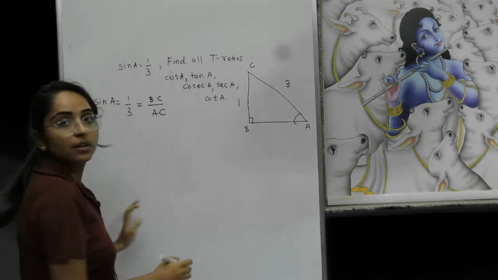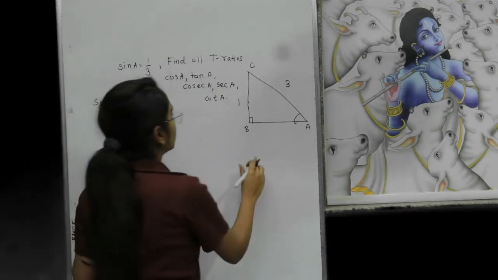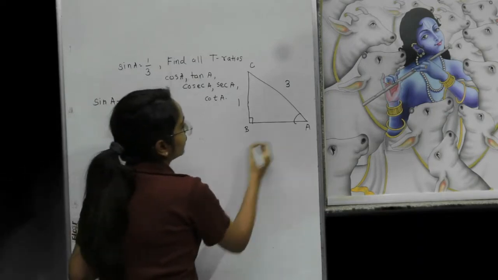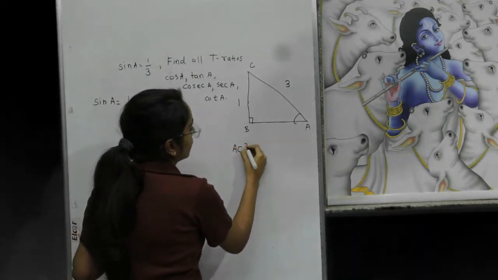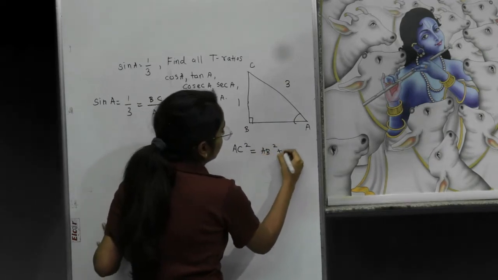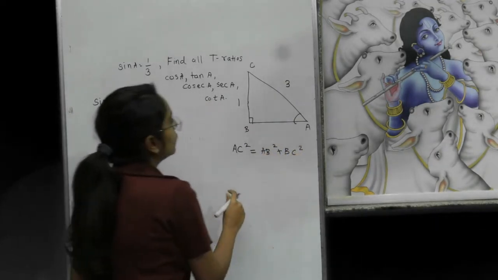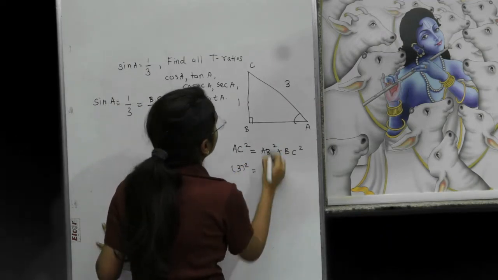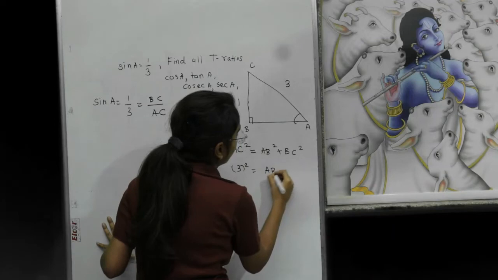The third side we will get by applying the Pythagoras theorem. As we know, the Pythagoras theorem says AC square is equal to AB square plus BC square. Here we know the value of AC, which is 3 square, BC is 1 square, and AB we have to find out.